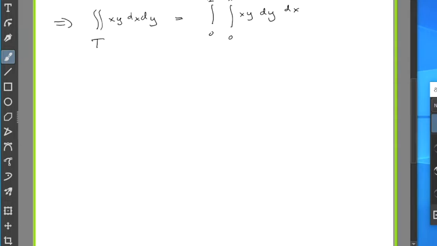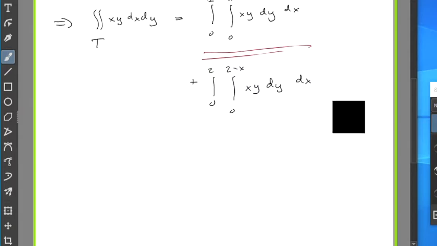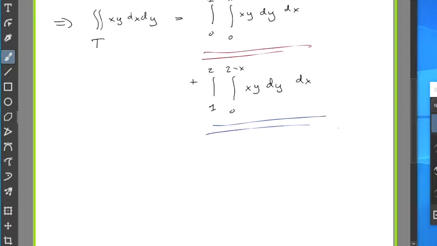Notice that since these are the limits for y, we need to put the y here. And then we get another part which is for the x's between 1 and 2. So this is the blue part of the triangle. And for those values of x, y goes between 0 and 2 minus x.